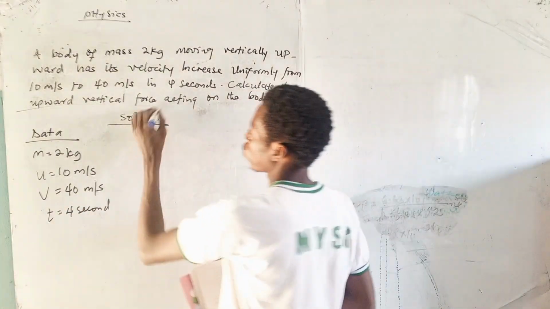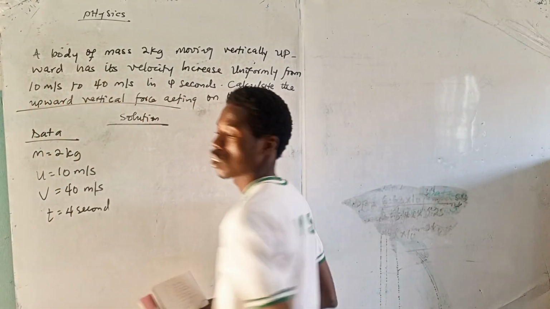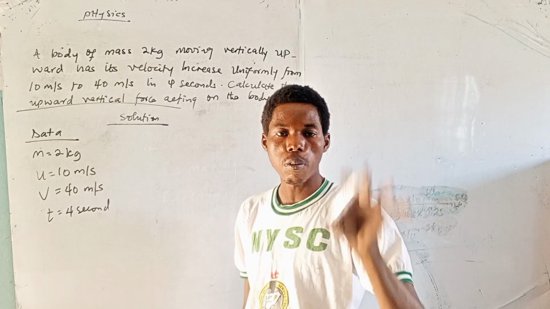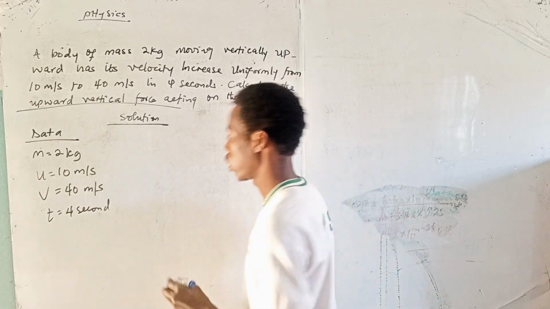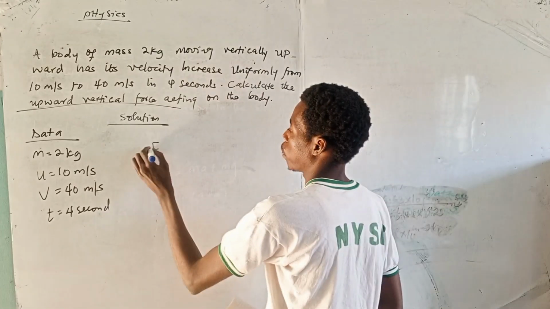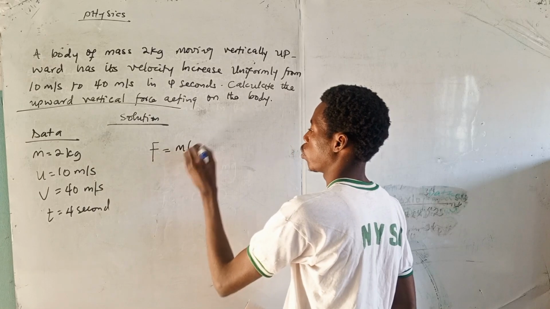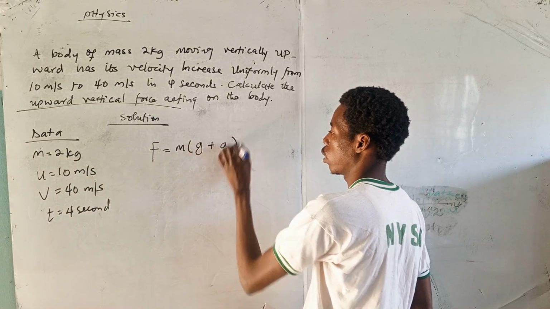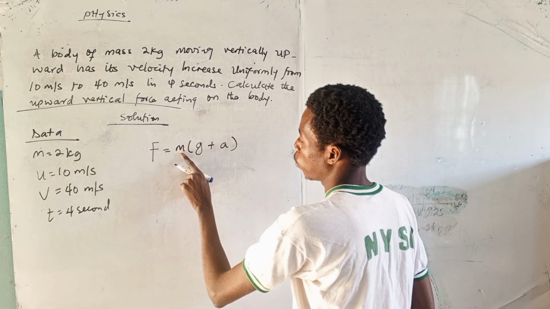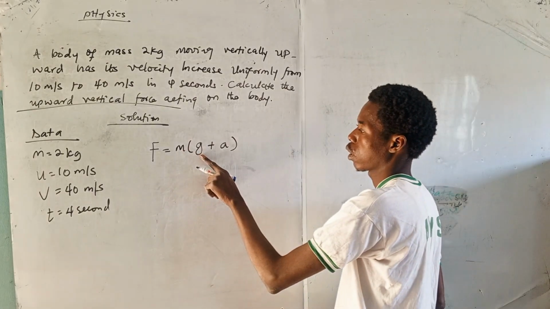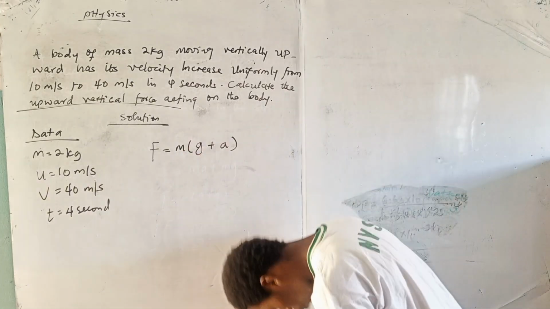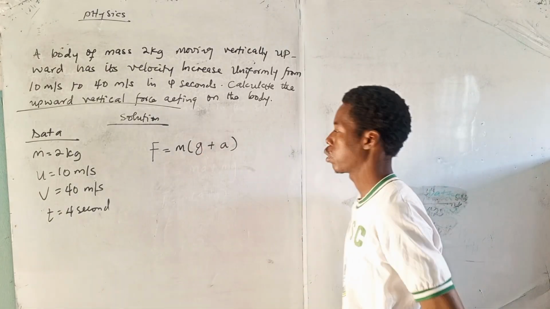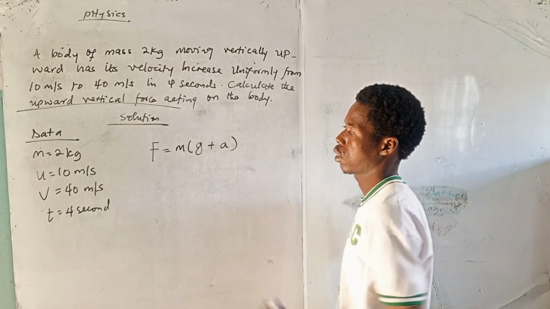Calculate the upward vertical force acting on the body. So the formula for calculating upward vertical force is this: F equals M into (G plus A), where M is mass, G is acceleration due to gravity, and A is acceleration.